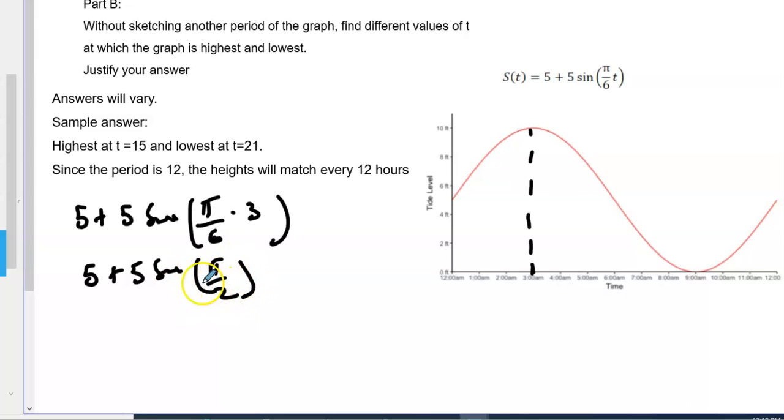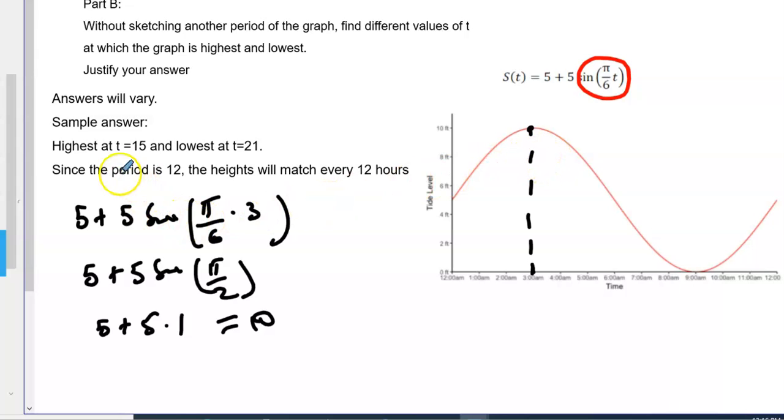Now sine pi on 2 is 1. So we are going to get 5 plus 5 times 1, and that gives us our 10. And so what we want to do is find another value of t that will make this sine to be 1.